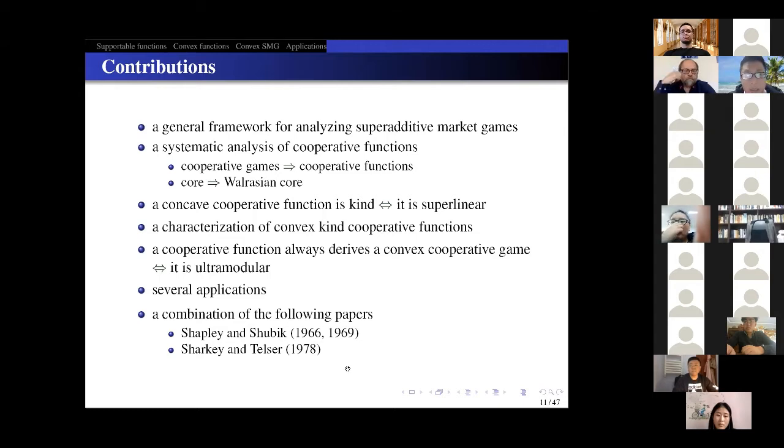And another paper maybe even fewer of us are familiar with is a JET paper by Sharkey and Telser. They study natural monopoly problems, but I feel that their framework and many of their mathematical results are very helpful for studying cooperative game theory.